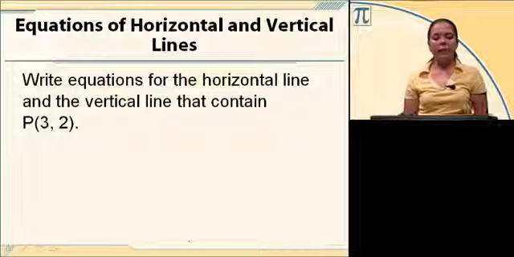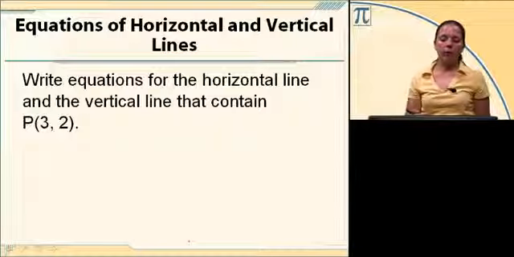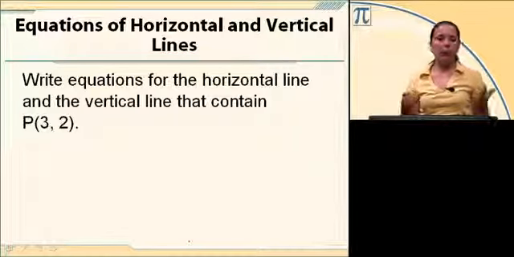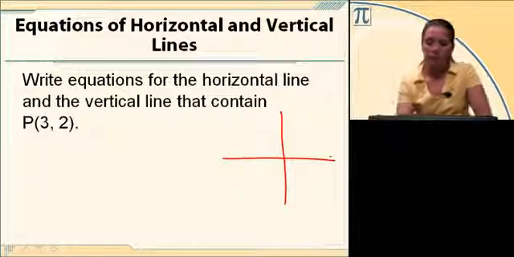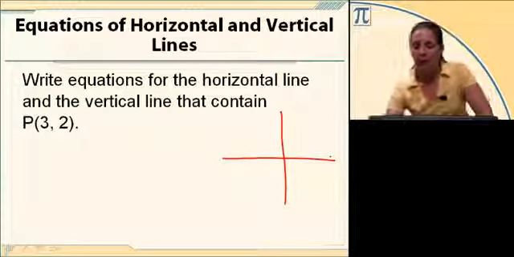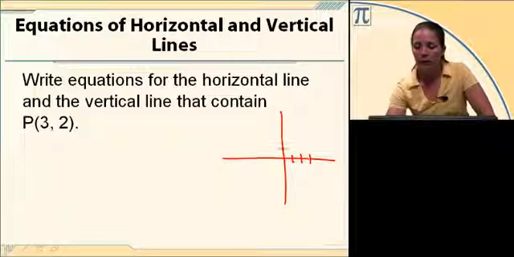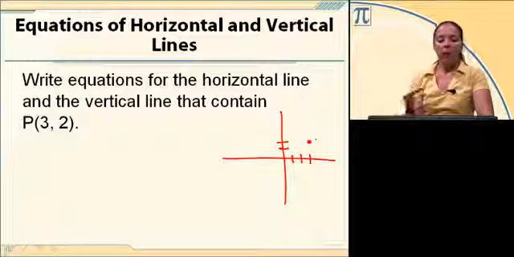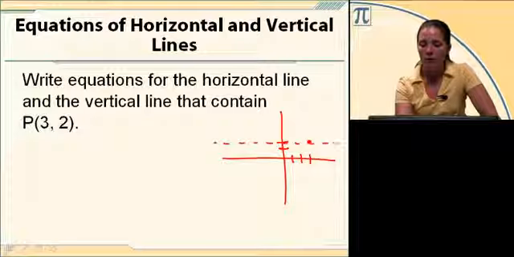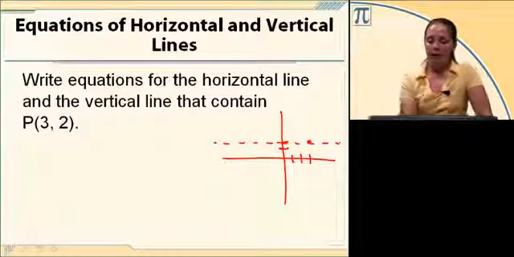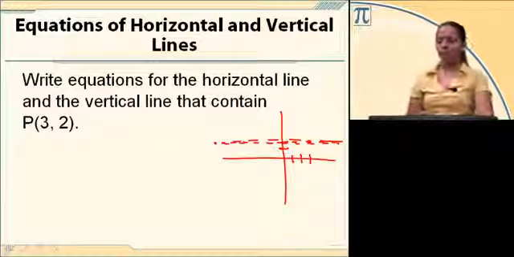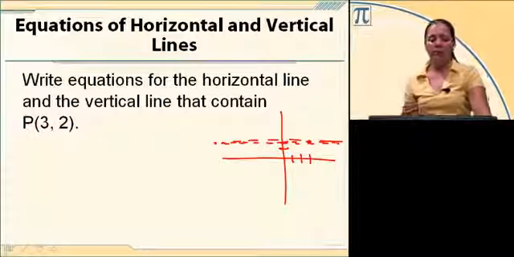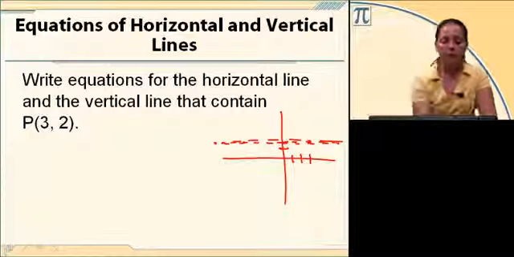Okay, write the equations for the horizontal line and the vertical line that contain 3, 2. All right, let's think about what this is asking. The point 3, 2 is over 3 and up 2. The horizontal line is going to be right across from left to right, and that looks like it is at y equals 2.